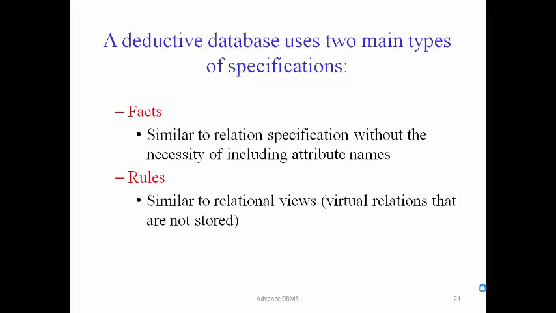The main difference between rules and views is that rules may involve recursion and hence may yield virtual relations that cannot be defined in terms of basic relational views. The evaluation of Prolog programs is based on a technique called backward chaining, which involves top-down evaluation of goals.